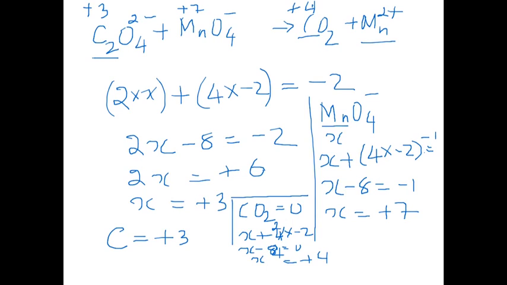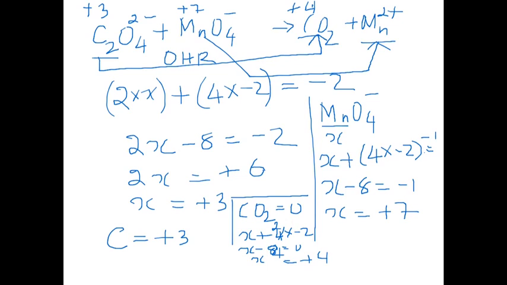So carbon changes its oxidation from plus 3 to plus 4, so that's the oxidation half reaction. Manganese changes from plus 7 to plus 2, therefore that's the reduction half reaction.